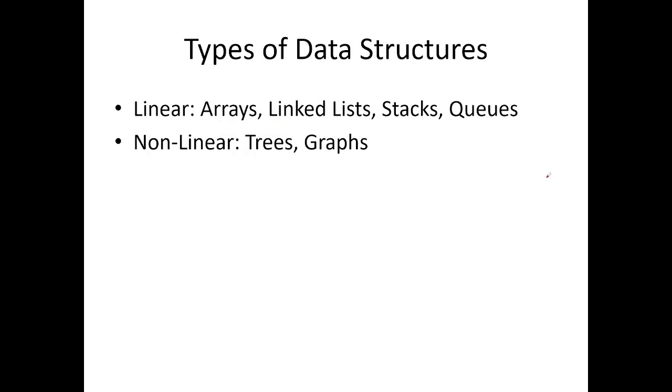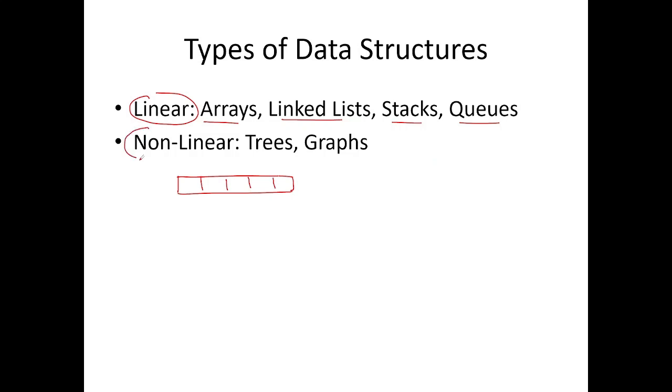Now coming to the types of data structures, what you'll be learning in this chapter are arrays, linked lists, stacks, and queues. These are called linear data structures because their arrangement in memory looks linear, meaning one after the other.